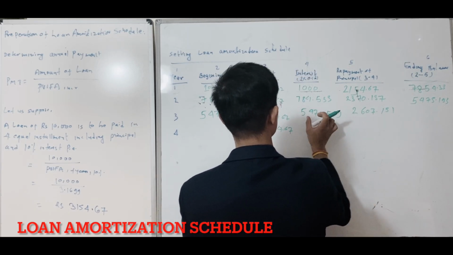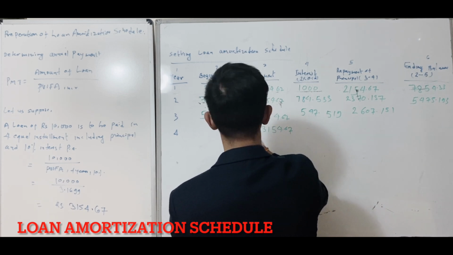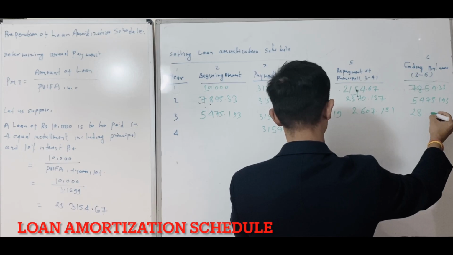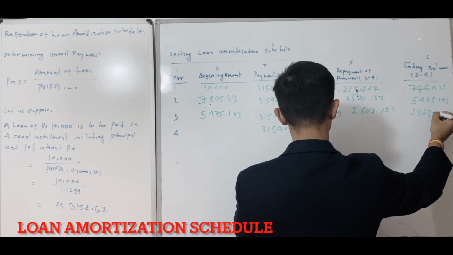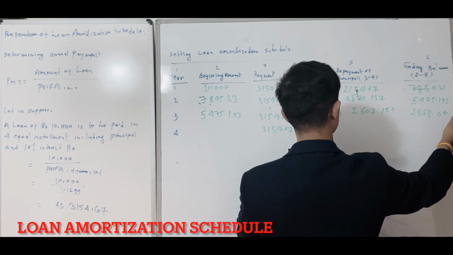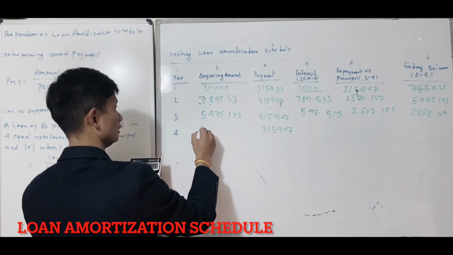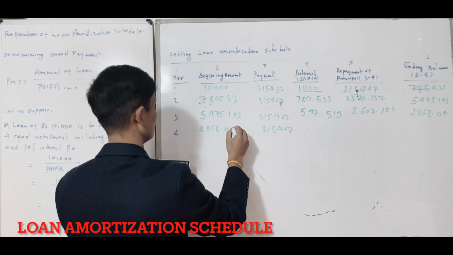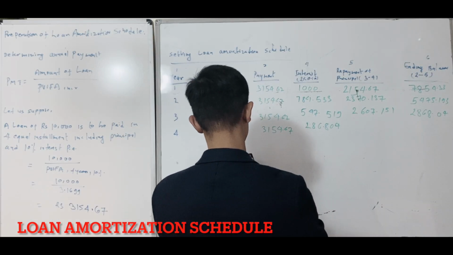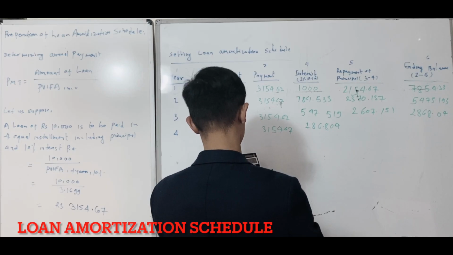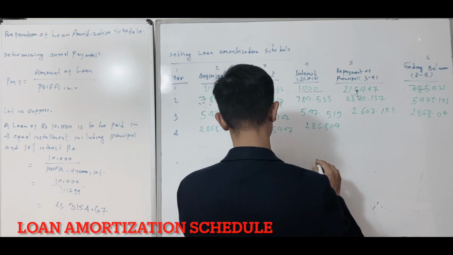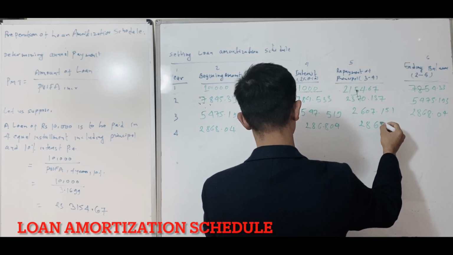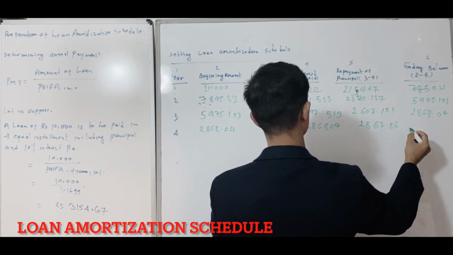Column 6, column 2 minus 5, we get 2868.04. 2868.04 minus 3154.67, then we get 2867.86.